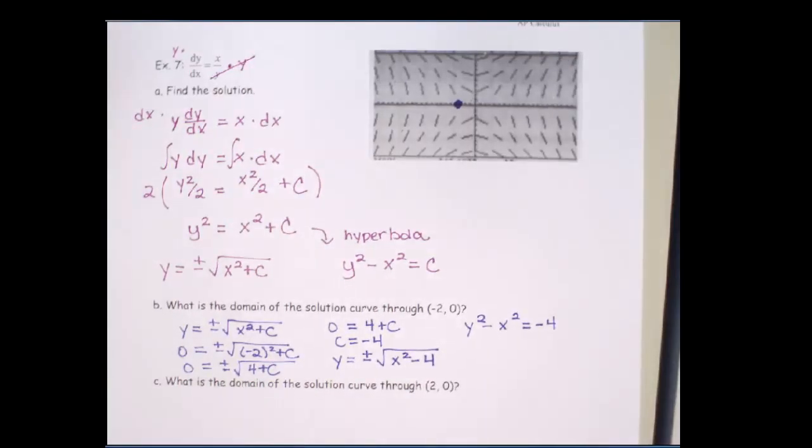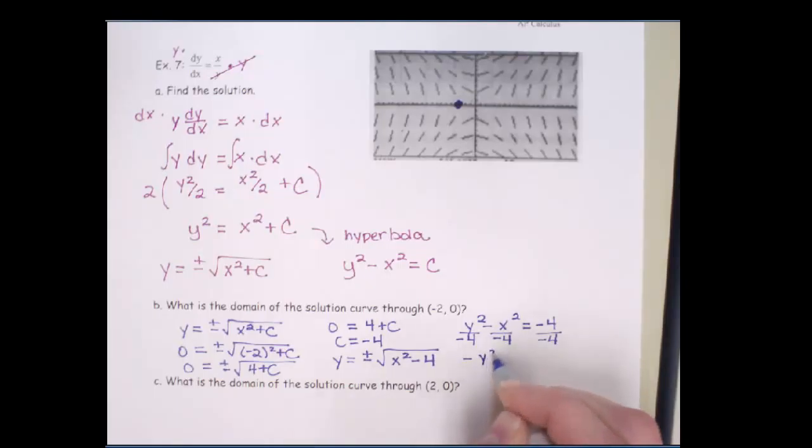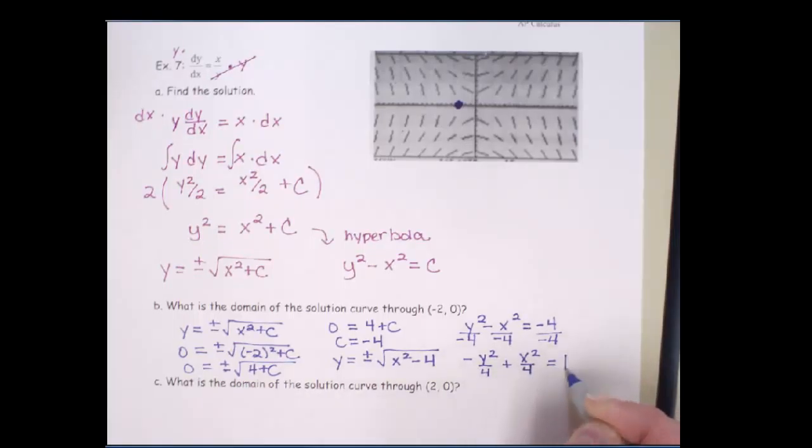Now, if you remember standard form of a hyperbola, you've got to get this to equal 1. So you have to divide by negative 4. So this really becomes negative y squared over 4 plus x squared over 4 equals 1.